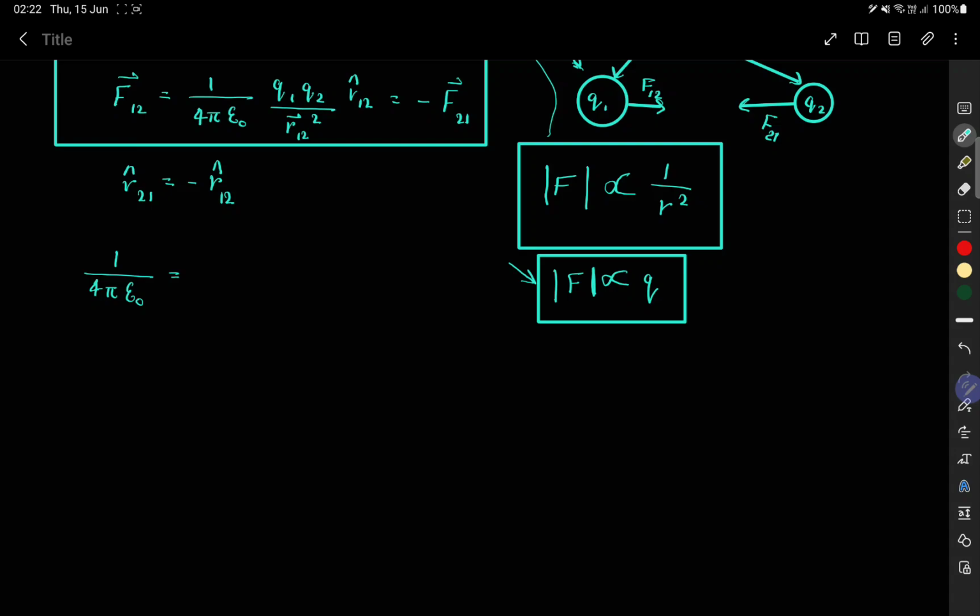Okay. Coulomb's constant has an approximate value of, I think it is, yeah, right here. It is around 8.987551787 times 10 to the power 9 Newton meter squared per Coulomb squared.